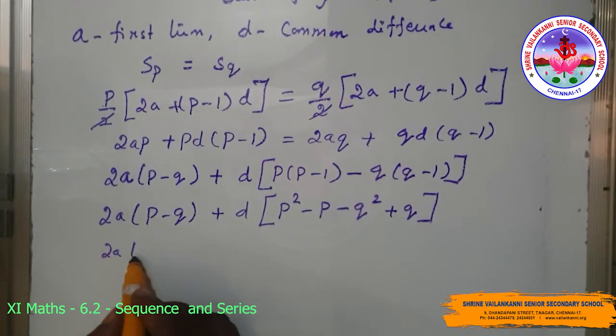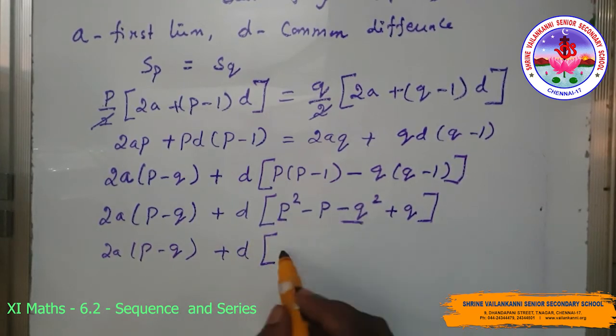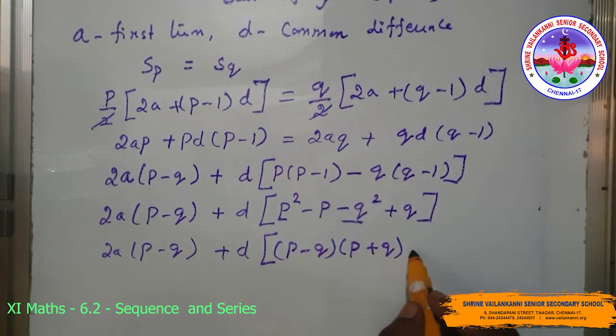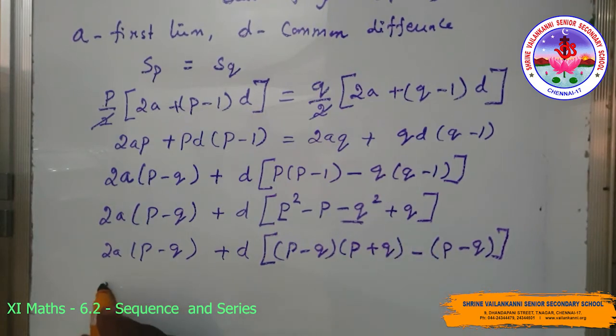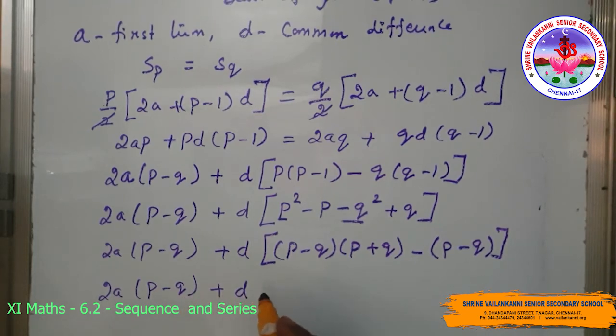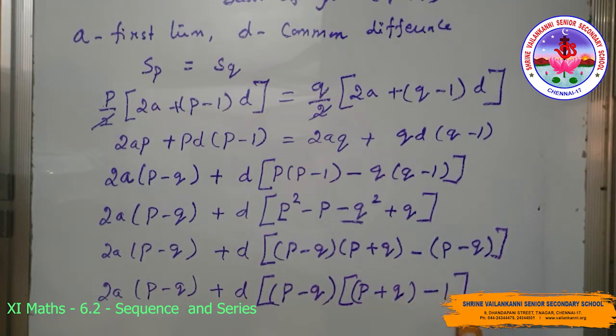So 2a of P minus Q plus d into P minus Q into P plus Q minus of P minus Q. So taking minus out, P minus Q into minus plus Q. So 2a of P minus Q plus d into, taking P minus Q common, P plus Q minus 1, which is equal to 0.